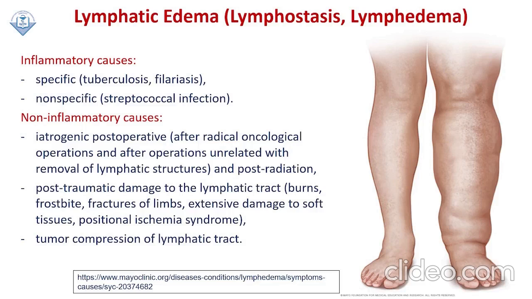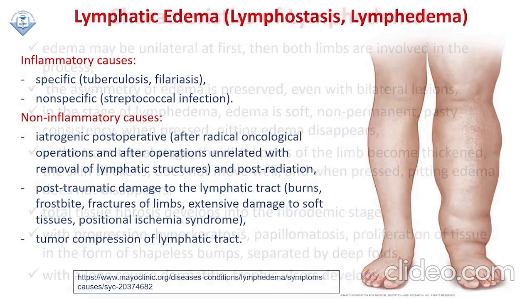Next causes are non-inflammatory, like iatrogenic postoperative changes, for example after radical oncological operations, with operations unrelated with removal of lymphatic structures, post-radiation, maybe post-traumatic damage of lymphatic tract, burns, frostbite, fractures of limb, extensive damage to soft tissue, positional ischemia syndrome. Finally, it may be tumor compression of lymphatic tract.